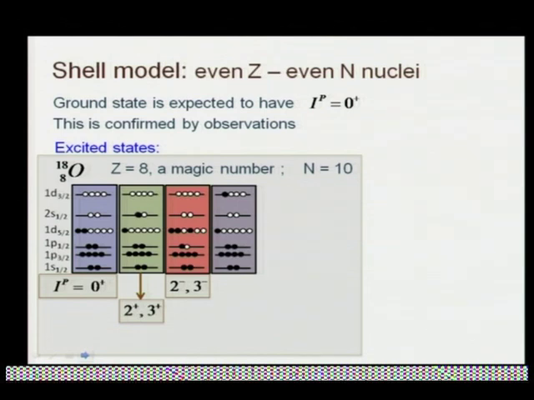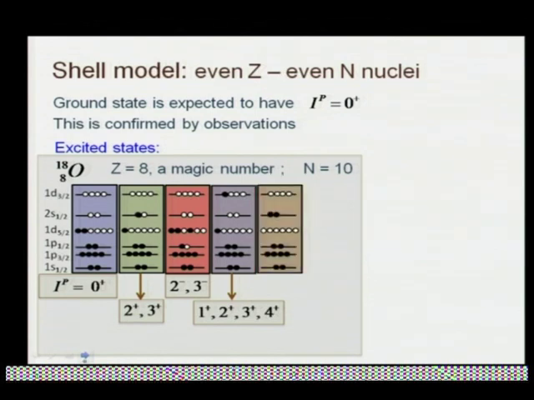In that case, the 5 by 2 and 3 by 2 combination will give you 1, 2, 3 or 4, all right, and parity is positive because both are even parity states. Another thing could be that both of these 2 neutrons in 1d 5 by 2 go to 1s half, and then that will have an excited state with 0 plus perhaps.